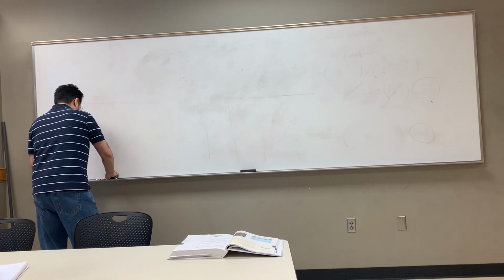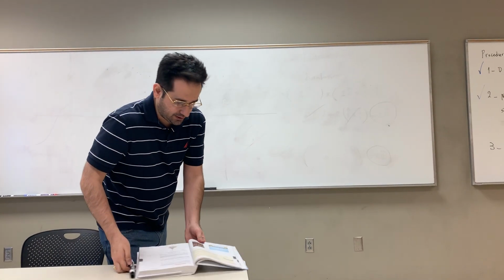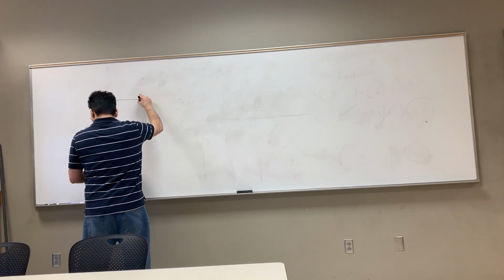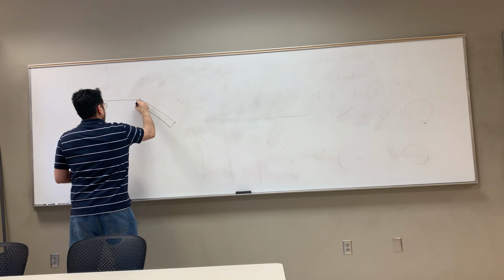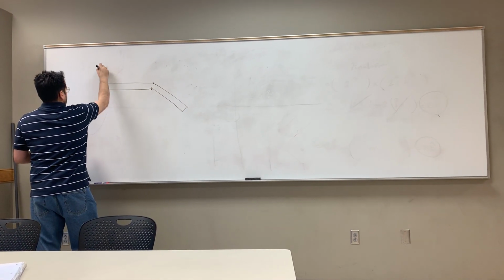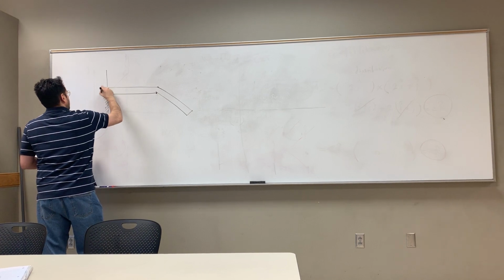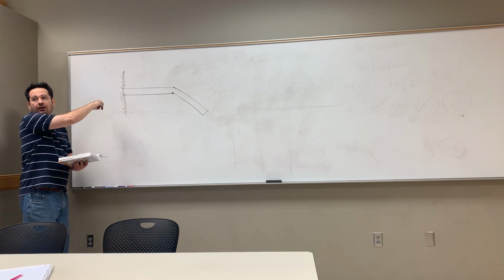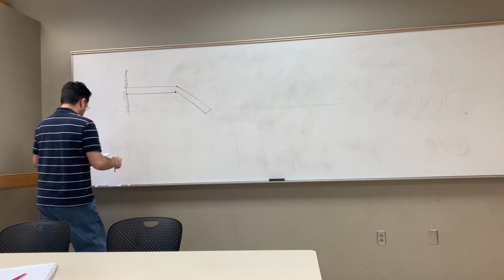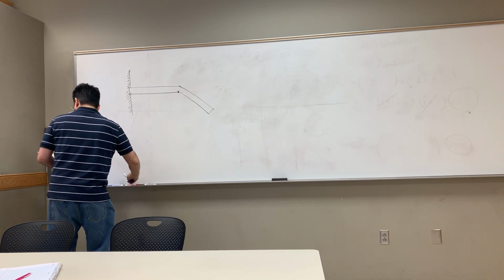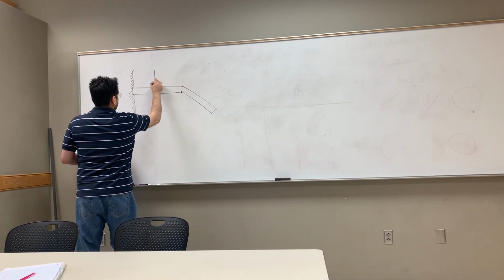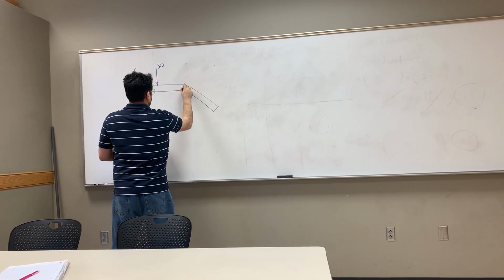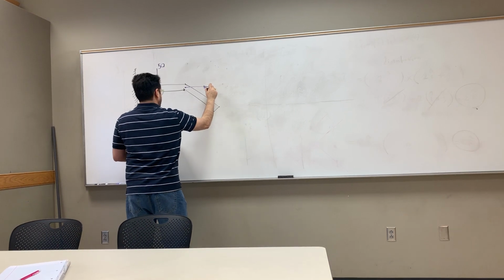All right, so let me draw the figure real quick. Here we have a pipe. This is fixed to the wall. Every time you see these dashed lines, that means wall. The terminology in mechanical engineering. And then we have a bunch of forces here. One is here, 50. One is here, 60.